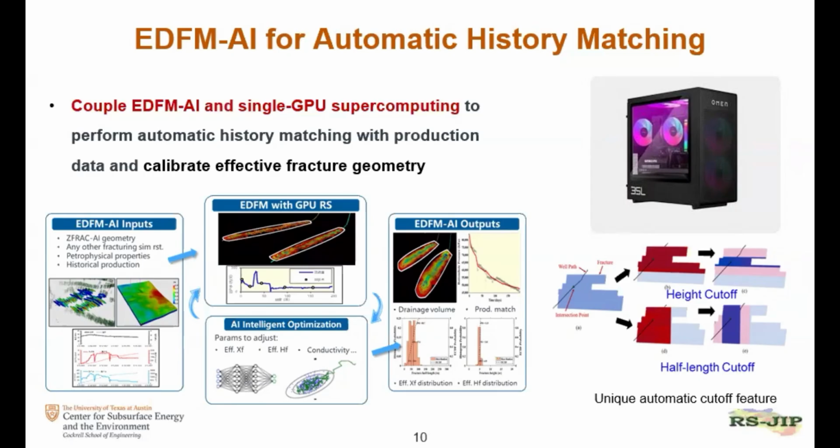It works really well with even more than 100 uncertainty parameters. So imagine if you are doing a lot of wells and you need to calibrate a lot of uncertainty parameters. This ESMDA algorithm is really good for automatic history matching. And we are also coupling with a powerful GPU reservoir simulator to consider the effective fracture geometry here.